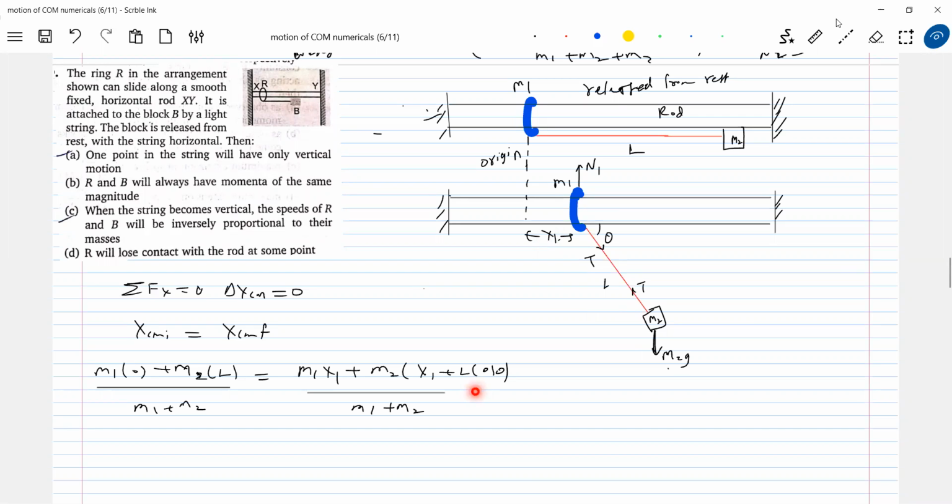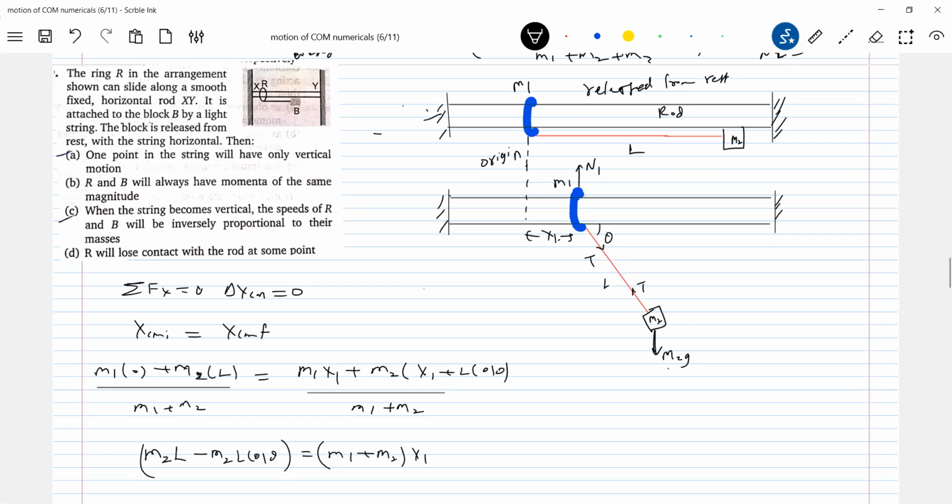So what is the equation needed? We needed x1, no? The x1 is the unknown thing which is needed. So can I solve it? Yes, we do have M1 plus M2 in the denominator, which cancels out. So the resultant equation will be M2L minus M2L cos theta equal to M1 plus M2 into x1.